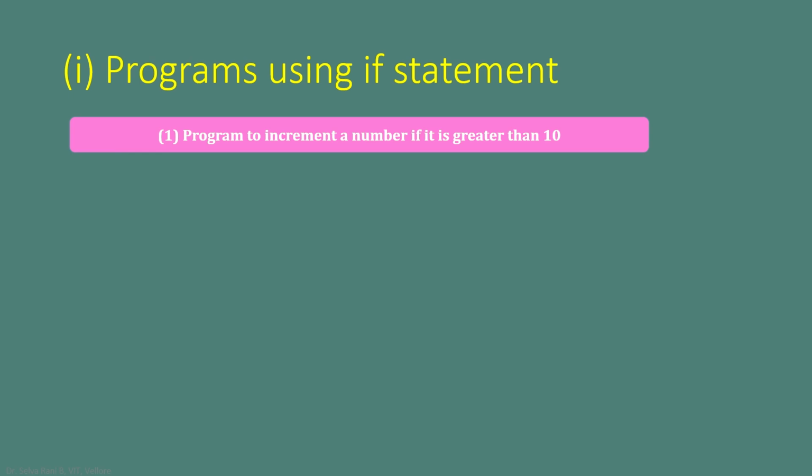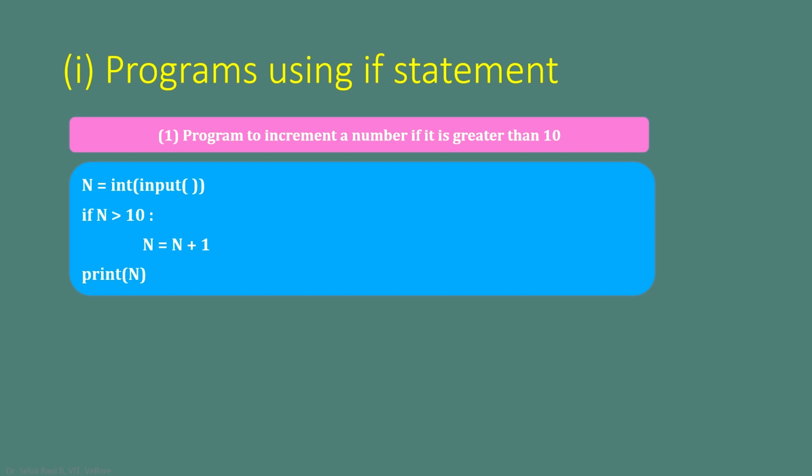Let's see some simple programs using the if statement. The first one, a program to increment a number if it is greater than 10. We are reading a number using the input method into a variable n. All the input read by the input method is a raw string, and we have to convert it into an integer, and hence the input method is enclosed by the int method.